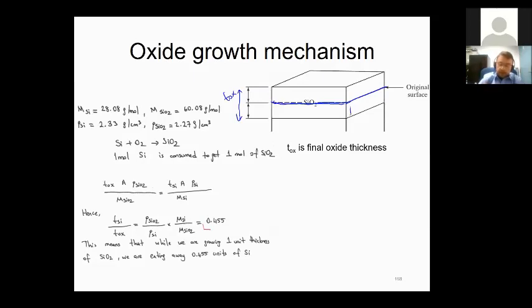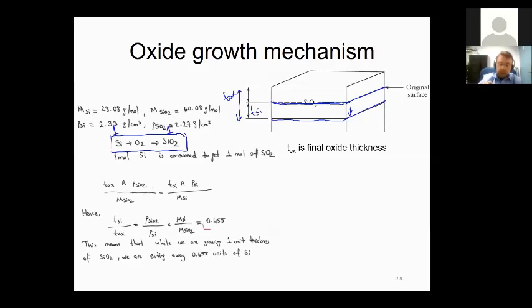The level, since we are consuming the silicon, will drop. The new silicon wafer level will be much lower. So let's call this the consumed silicon, T silicon, that portion. Now let's look at our chemical reaction. That says that if you use 1 mole of silicon, you will end up with 1 mole of silicon dioxide.